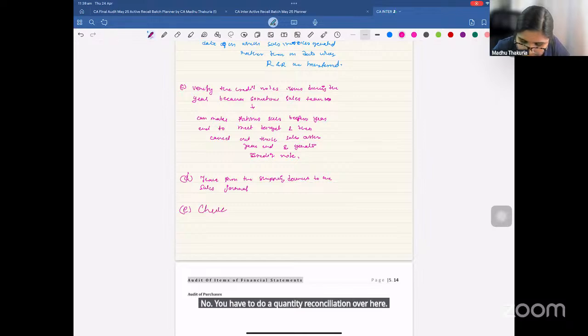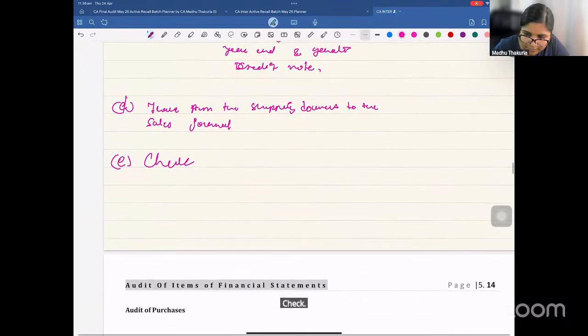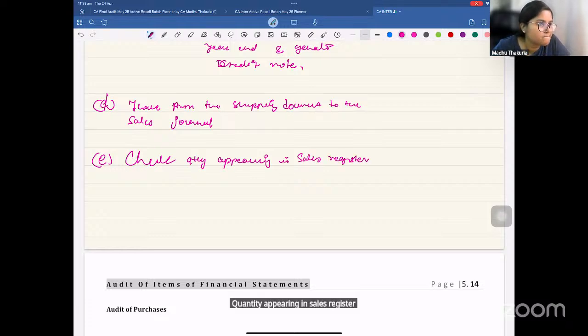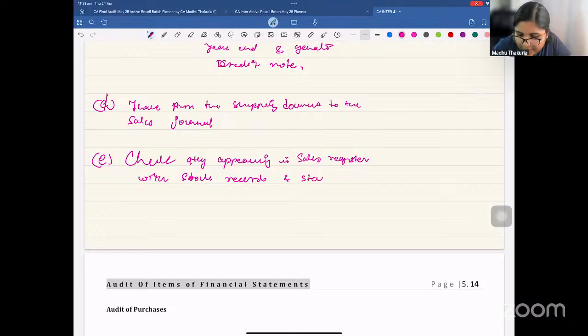Check quantity appearing in sales register with stock record and statutory records like GST.